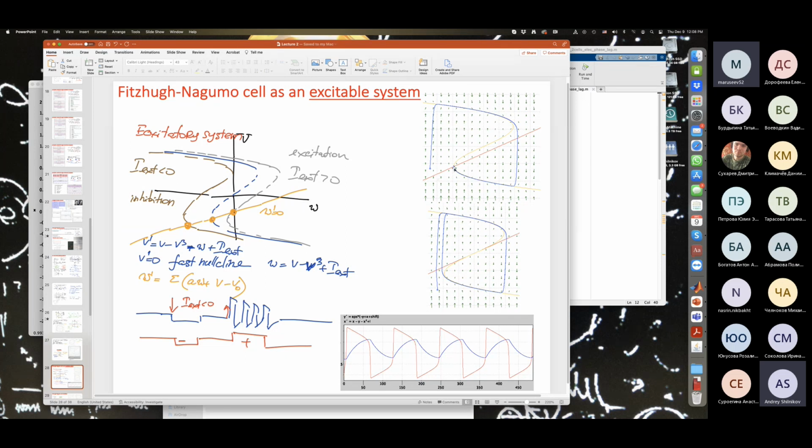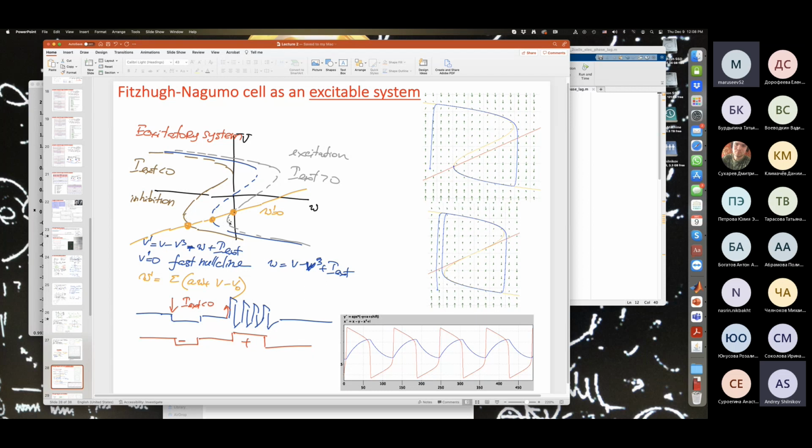Again, the equilibrium state loses stability, and then you have oscillations. And the idea is the following. If you apply a negative pulse over here, then you shift the cubic nullcline to the left, and make this equilibrium state even more stable because it moves further away from the knee point, underneath the knee point.